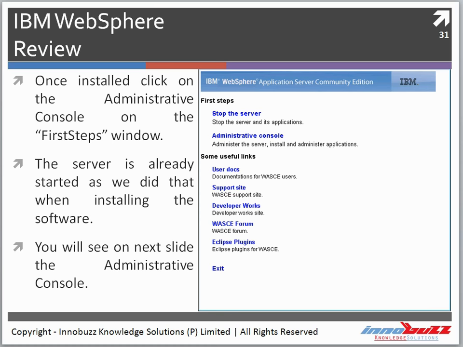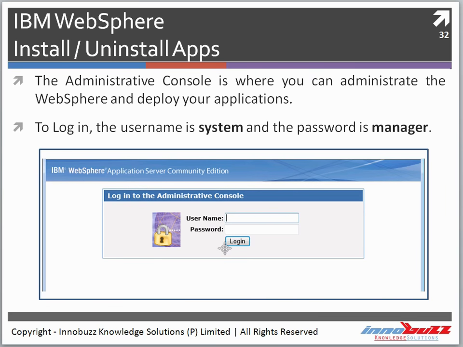Once installed, you will see the first steps window. Here, you can start the server, stop the server, and open the administrative console, which will give you all the options to admin the WebSphere. Once you click on the administrative console link, it will open a web browser with the administrative console and log into the system.